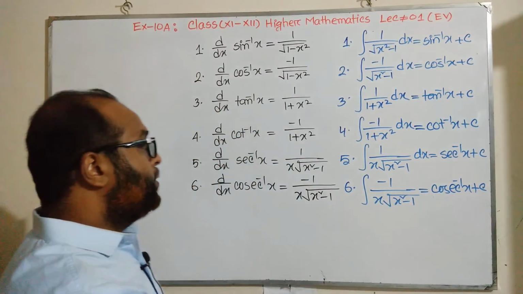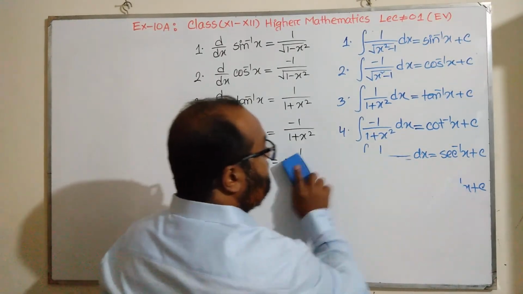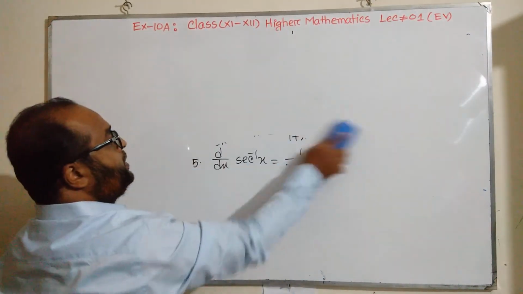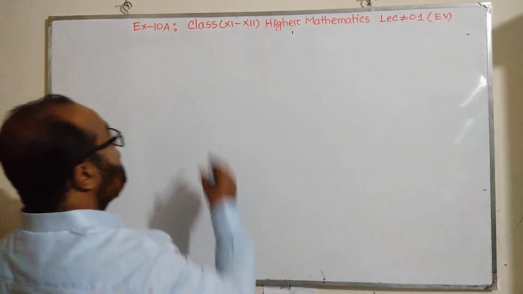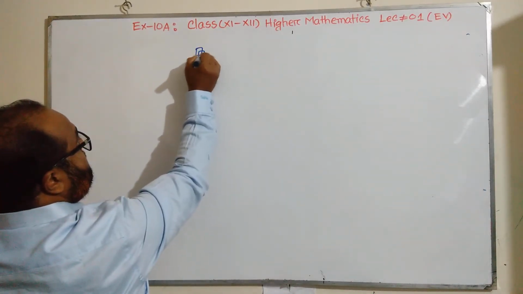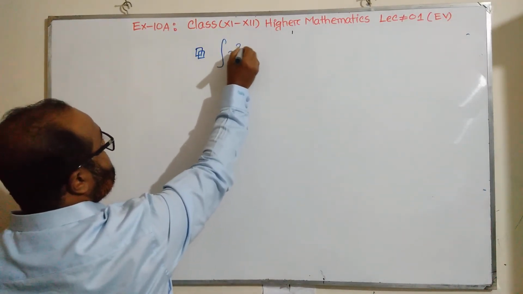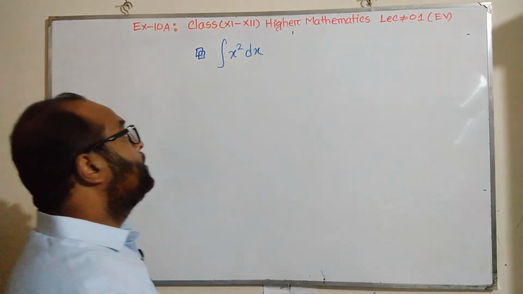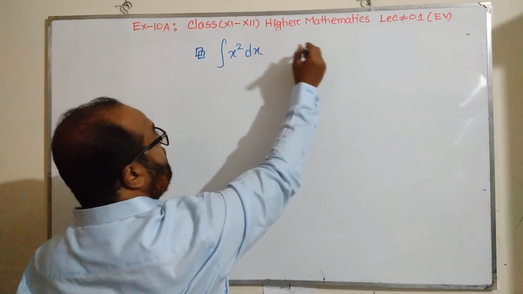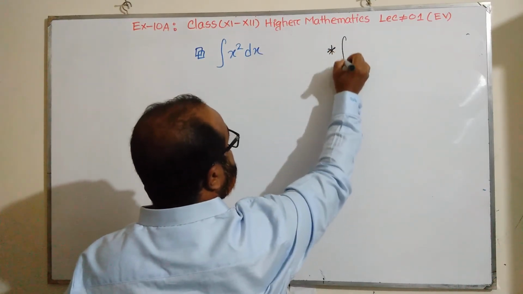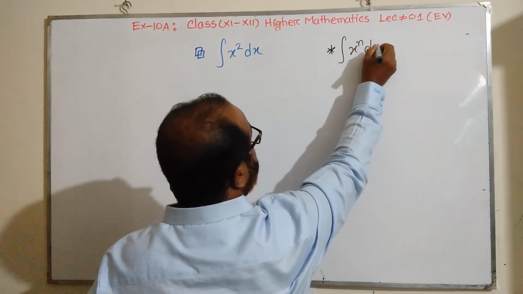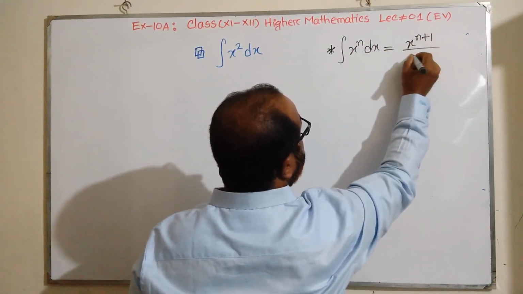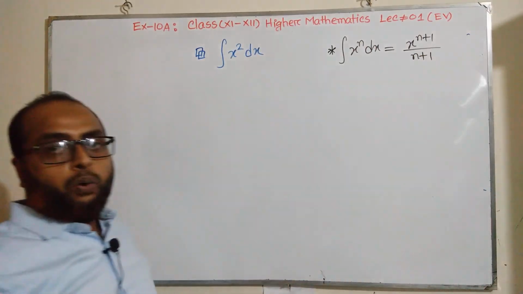Okay students, now let us go through some examples of integration. Integration of x square dx. Here we use the formula integration of x^n dx equals x to the power n plus 1 divided by n plus 1.